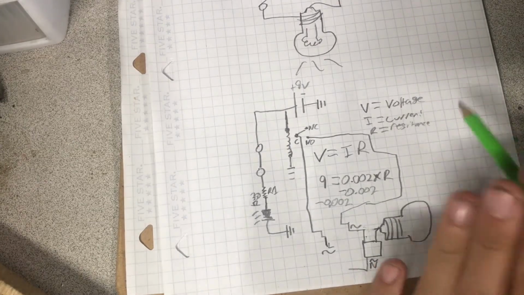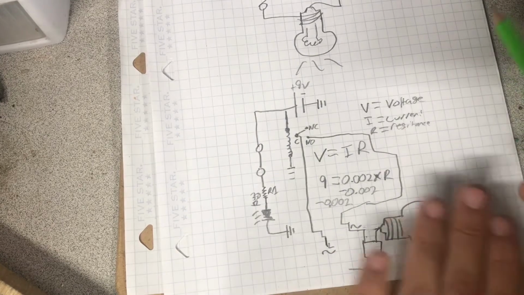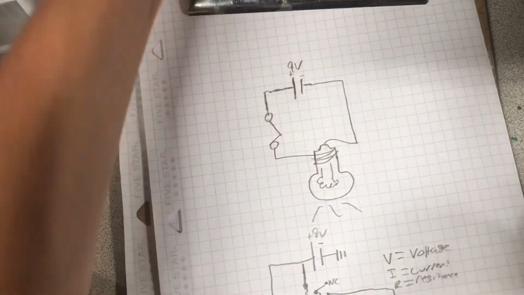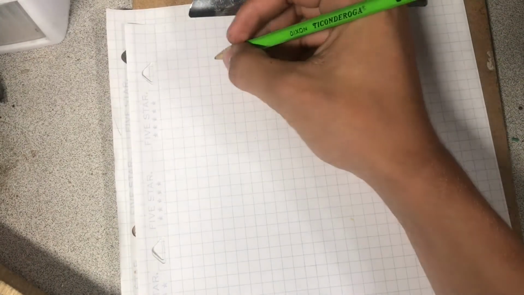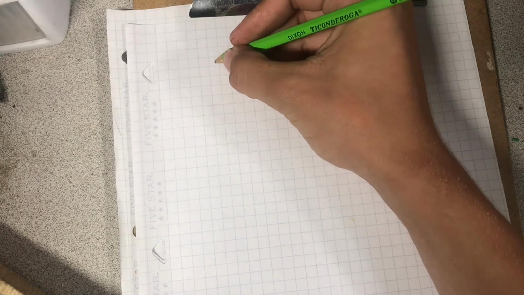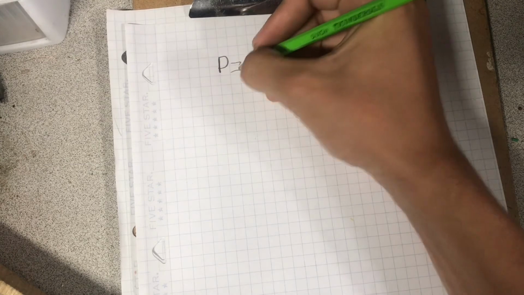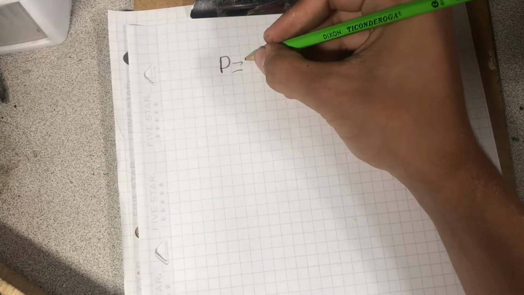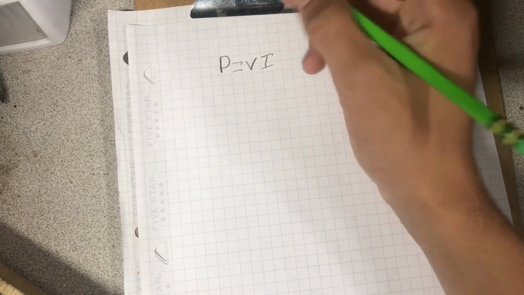Let's see, what else can we think of here? Oh yes, the other equation that I will make note of. This video is getting a little bit long, so I will do this as quick as I can. The other equation that is very, very useful is P equals VI.